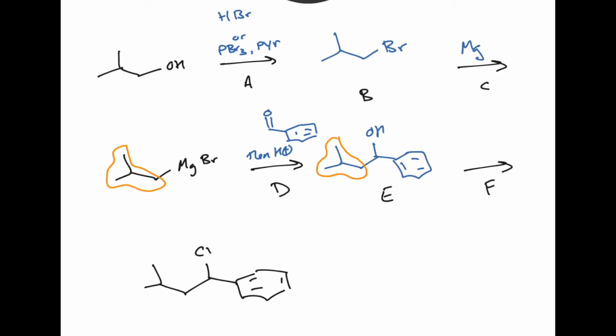How can I turn an alcohol into a chlorine? HCl will work. Or phosphorus trichloride and pyridine. Or SOCl2 in pyridine. So many options.